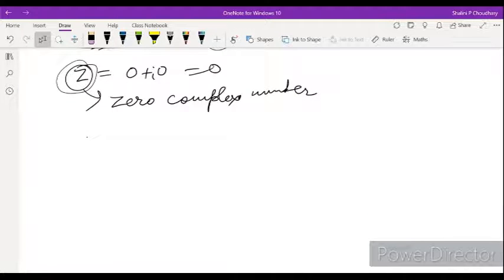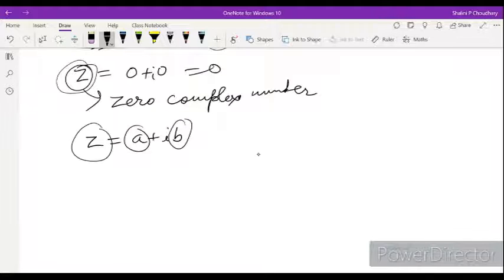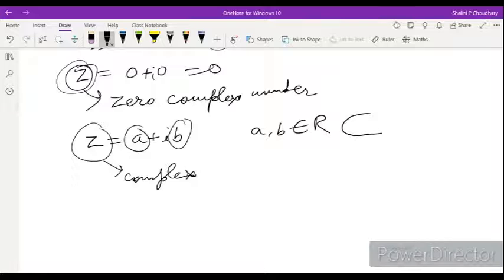And one more thing that we need to understand: Z is equal to A plus iB, where A is the real part, B is the imaginary part, and Z is a complex number, where A and B both belong to the real numbers. This real number set is a subset of C, the set of complex numbers.